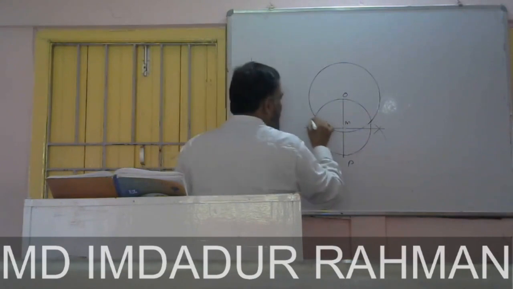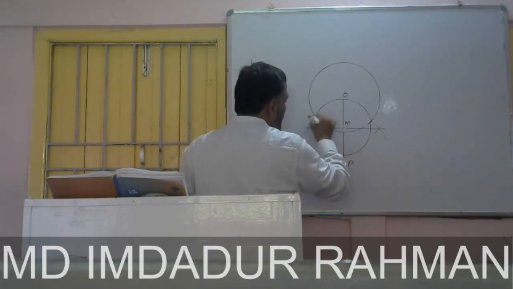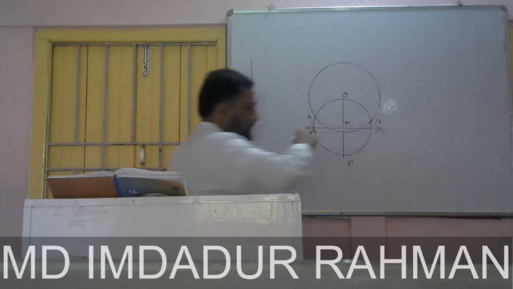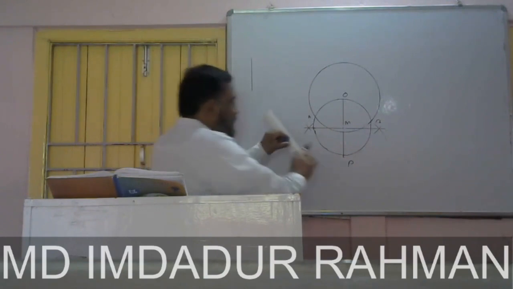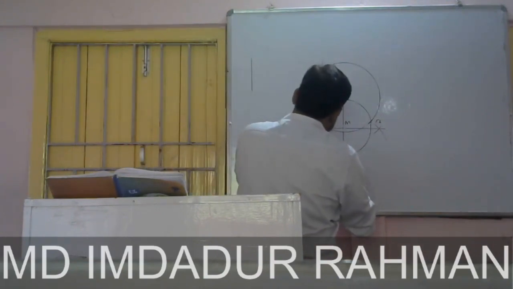Here you see it is intersected at A and B. Now we will join PA and PB.